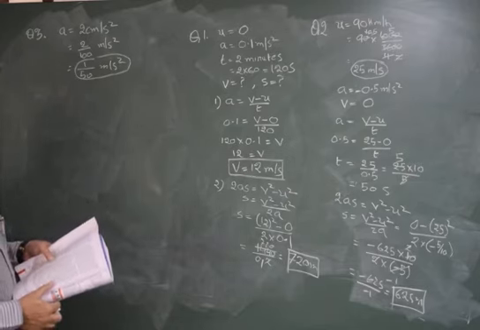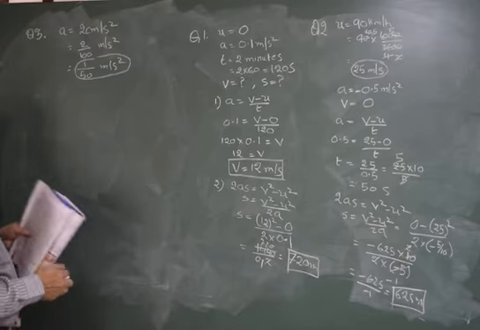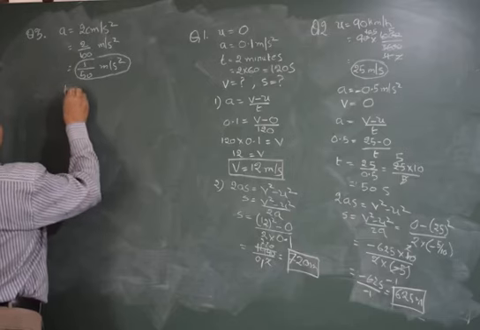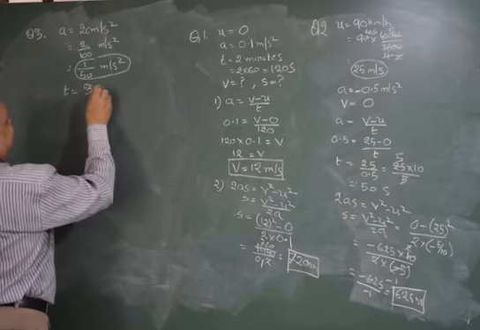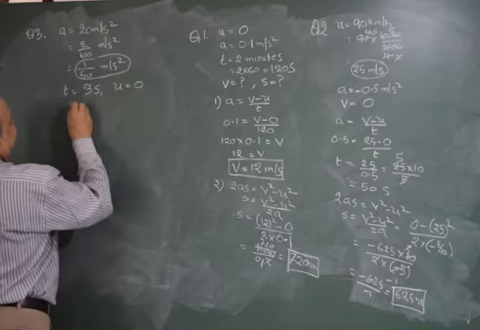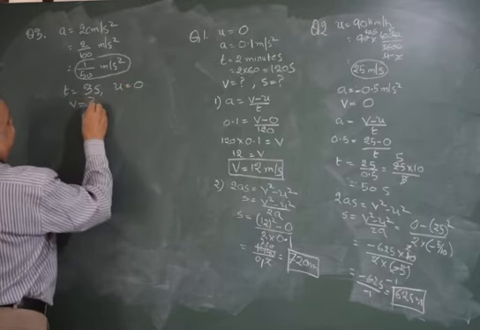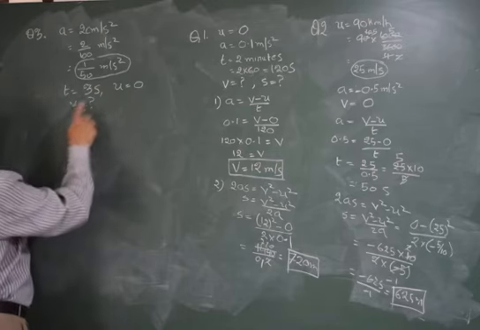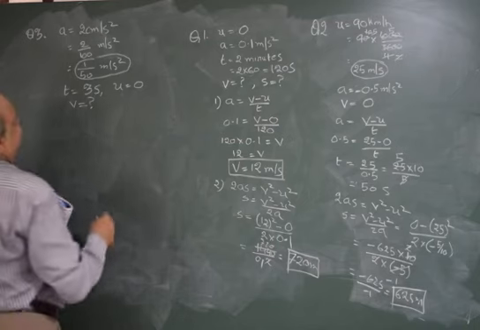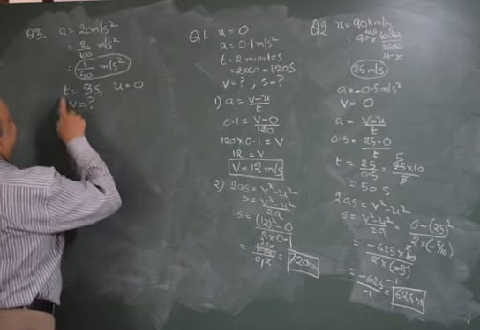What will be its velocity 3 seconds after start? So time is given to be 3 seconds. Start means initial velocity is 0, and we have to find v. We have u, t and a.